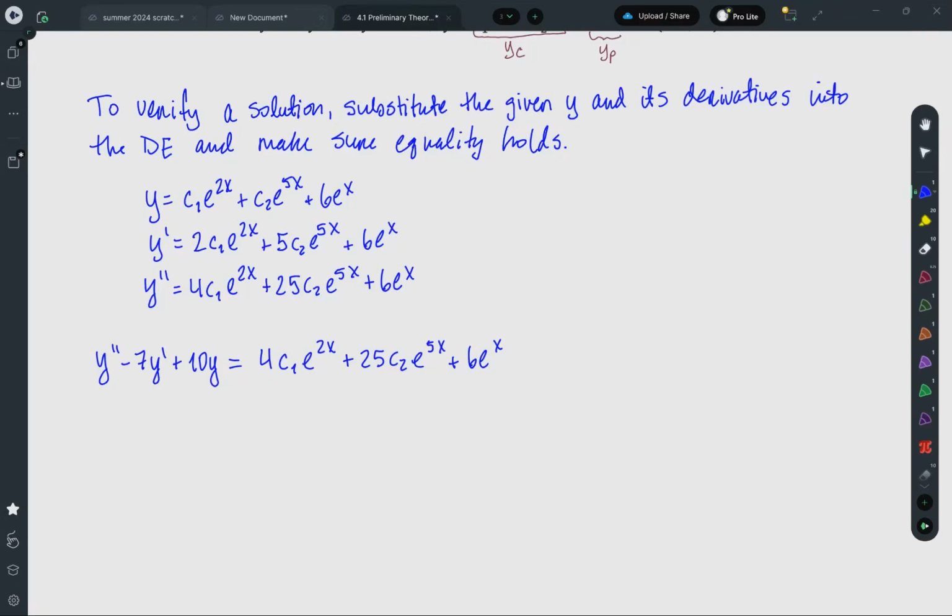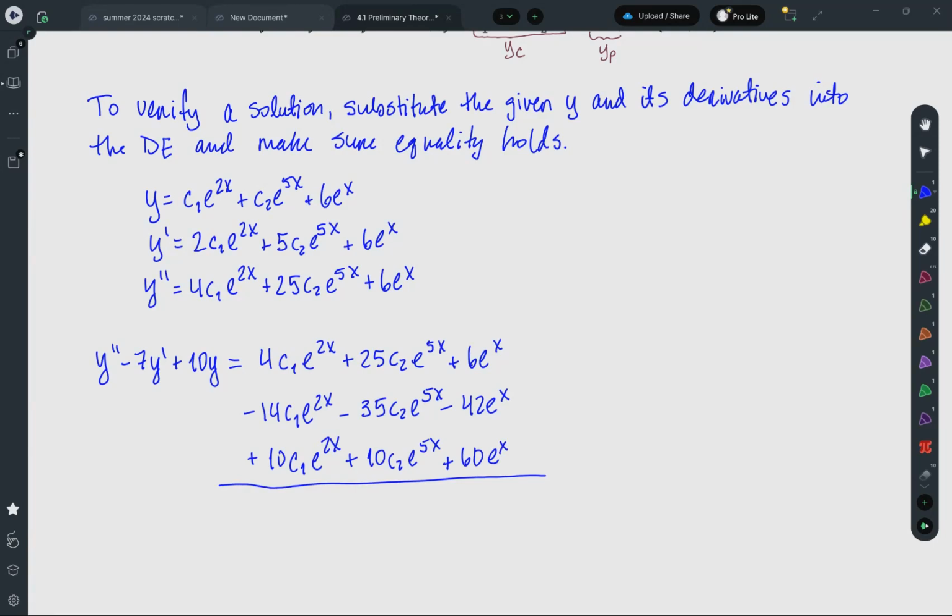I get minus 14 c1 e to the 2x minus 35 c2 e to the 5x minus 42 e to the x. Then I have plus 10y. I'm going to write that directly below, and I'm going to distribute the 10 through to my y. So I get plus 10c1 e to the 2x plus 10c2 e to the 5x plus 60 e to the x. And then I add them together to see what I get.